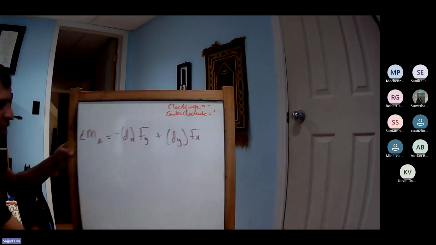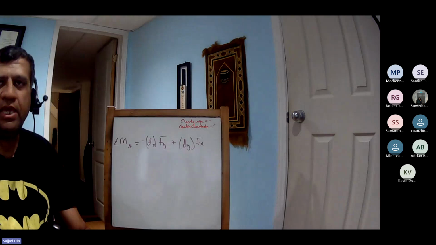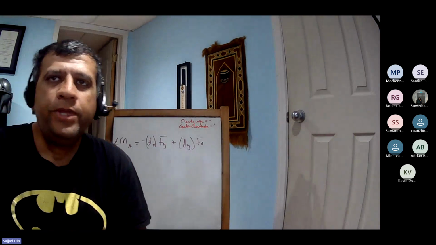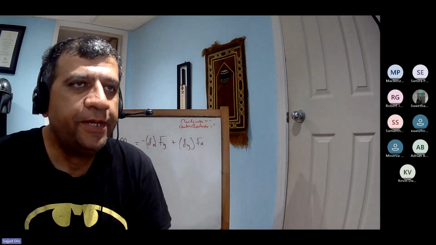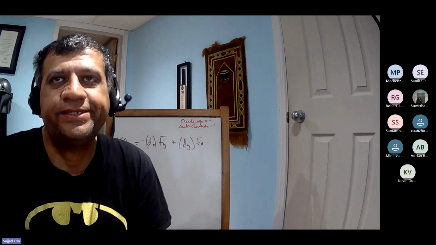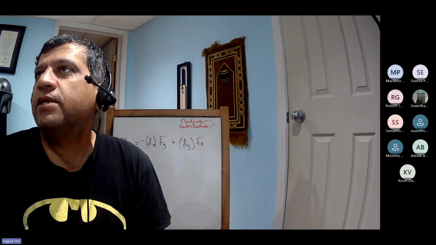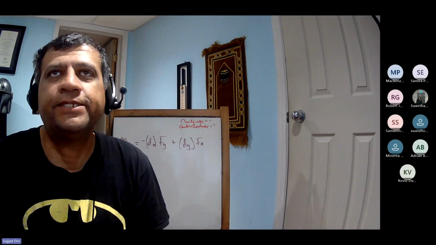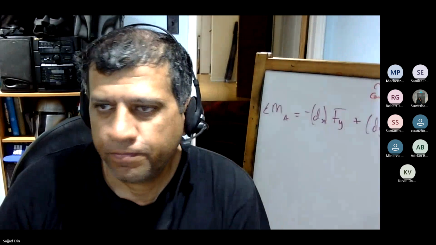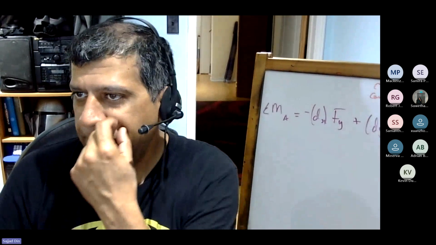I think that right now might not be making as much sense, but when we start calculating using this theorem, it should make a little more sense to you. So let's go back to sharing.